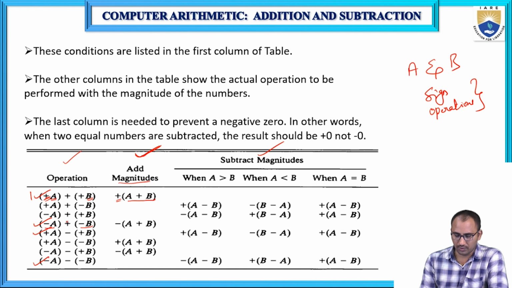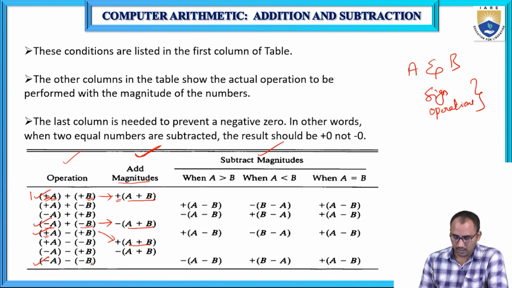Okay, similarly in this case, both the numbers have the same sign. That means minus A and minus B. So I am adding their magnitudes, A plus B, and I am taking the sign of the first register, minus. Similarly here, plus A plus B: I am adding the magnitudes and taking the sign of the first register.